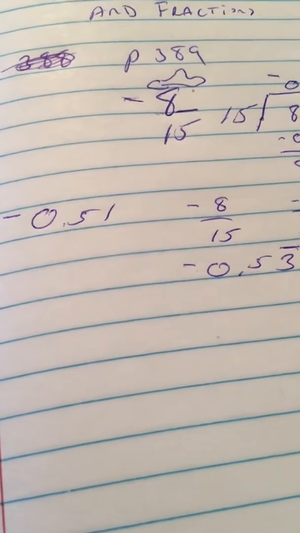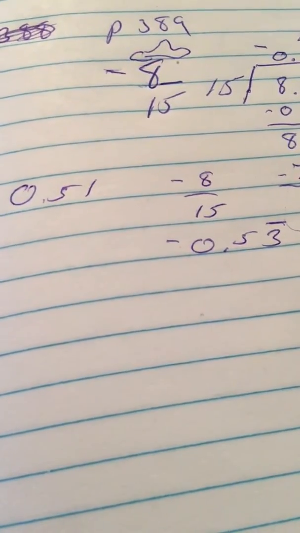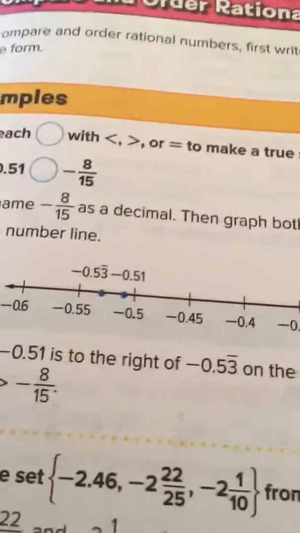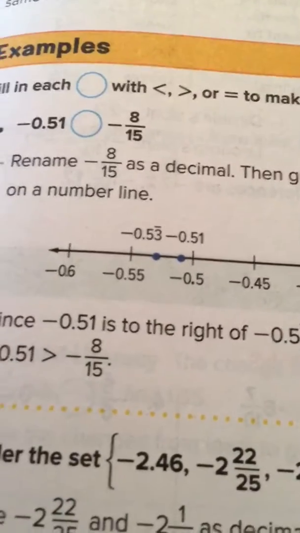Who is bigger? Again, because negative 0.51 is closer to 0 than negative 0.53. I'm going to go ahead and choose greater than. There it is on my paper, on my book. There it is on my book.